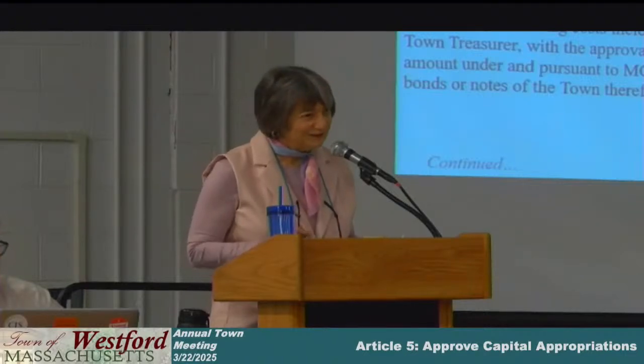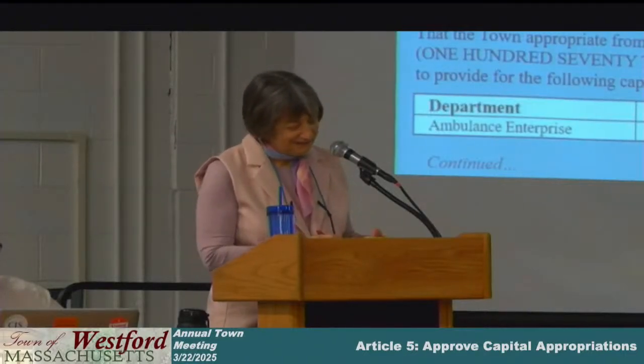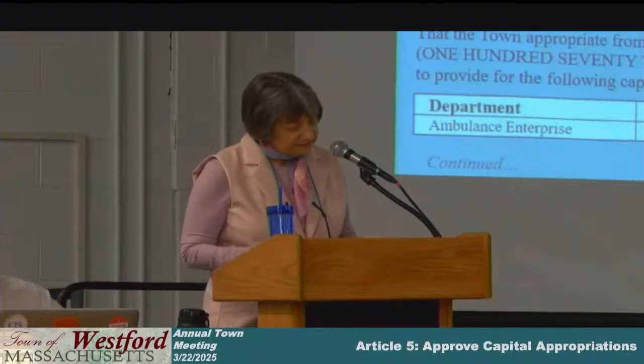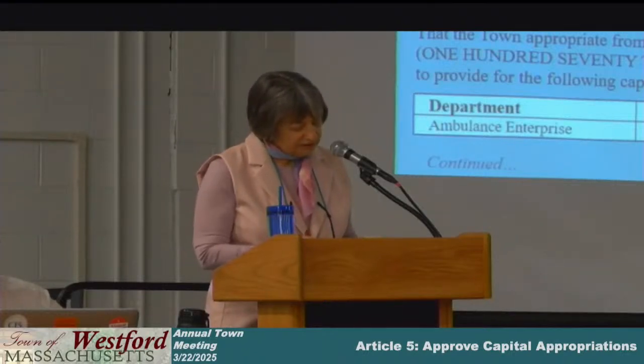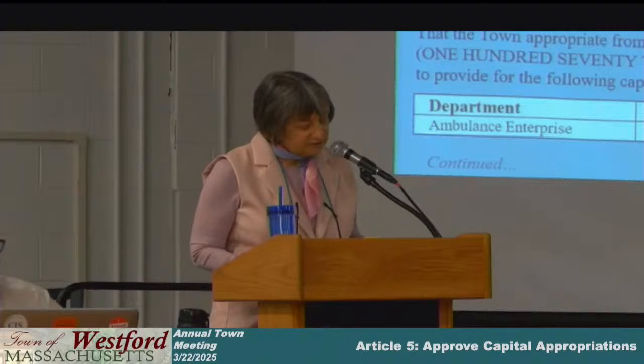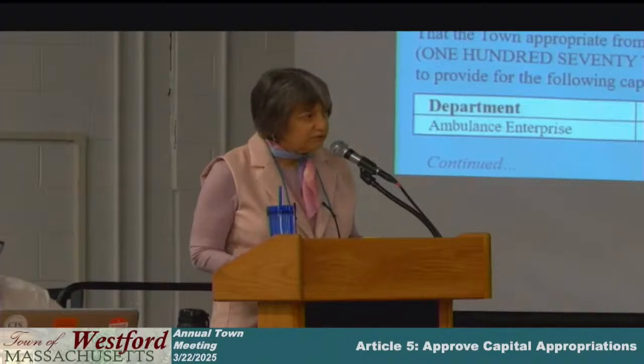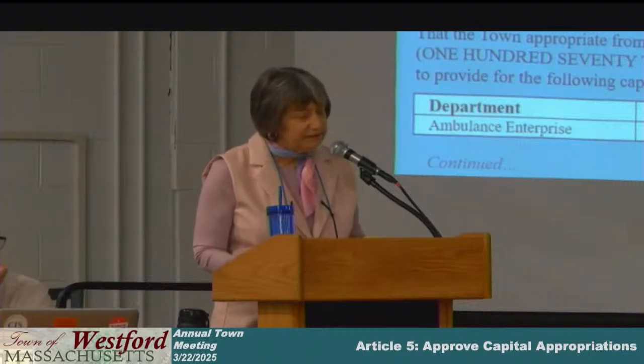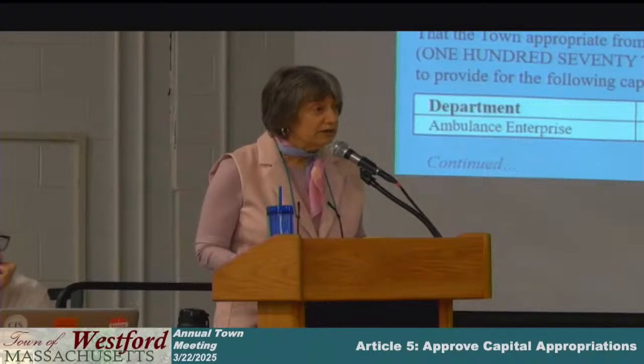First motion of Article 5. If you are in favor of the expenditures outlined in the first motion of Article 5, when I say voting's open, you'll press the green 1A button. If you're opposed, you'll press the red 2B button. This vote requires a majority only.